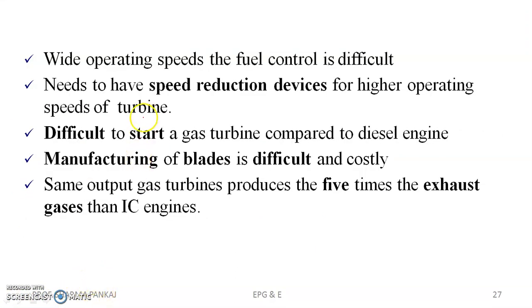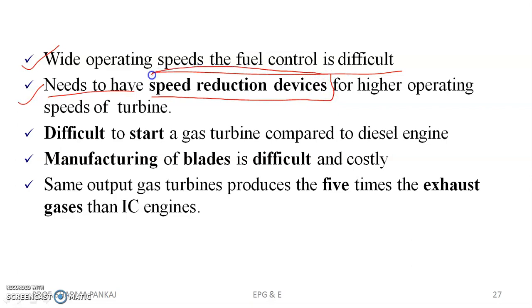The next point is wide operating speed. With wide operating speeds, the fuel control is difficult. It needs speed reduction devices for higher operating speeds of the turbine.